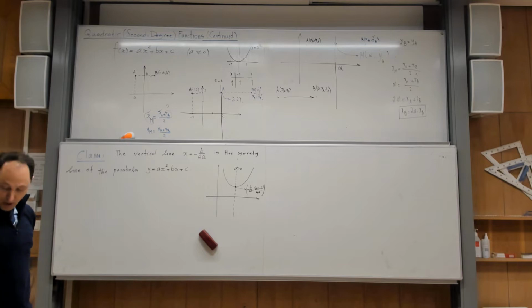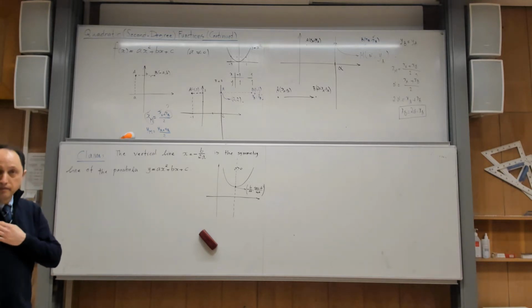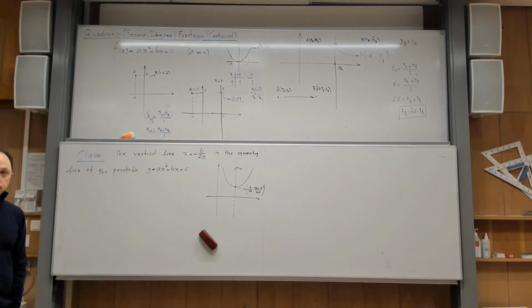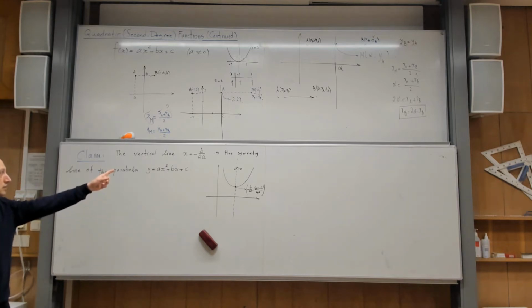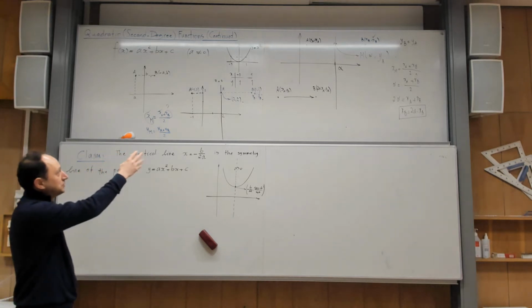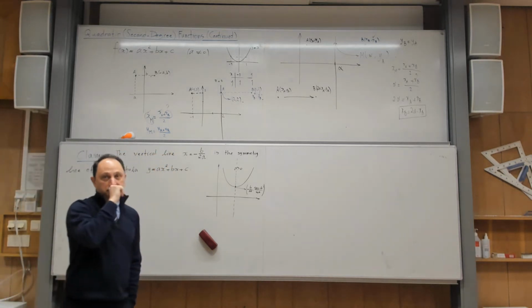Okay, can you guide me how to prove this? We want to show that this is really true, that if I draw this vertical line, it will be the symmetry line of this parabola, according to what I tried to tell you.